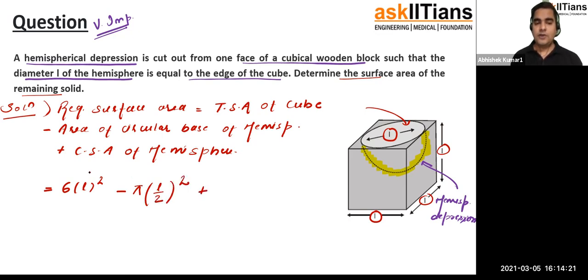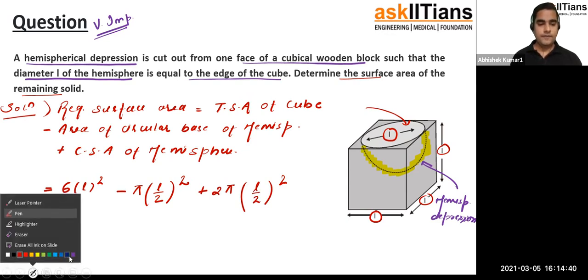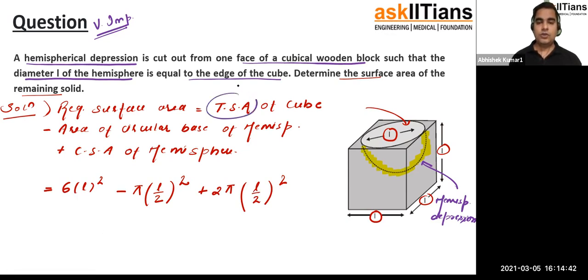And if you talk about the curved surface area of hemisphere, we just discussed the curved surface area of hemisphere is given by 2 pi r square. So you are going to get 2 pi. What is r? R is going to be L by 2. Is that clear? So the TSA of cube, the total surface area of the cube is given by 6 into side square.